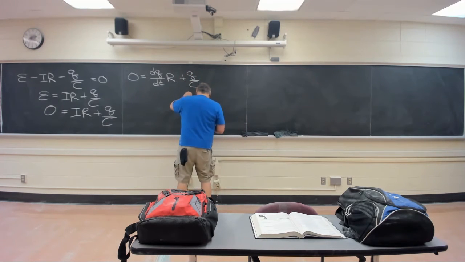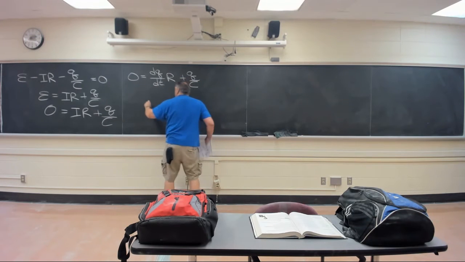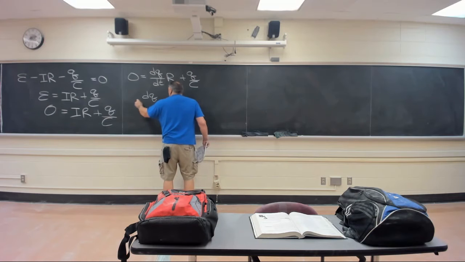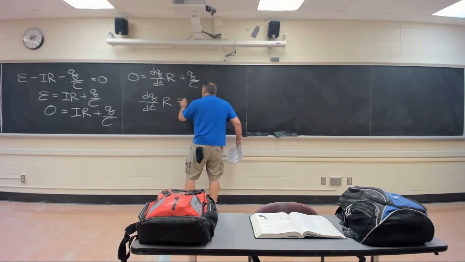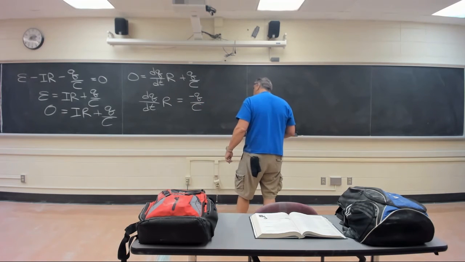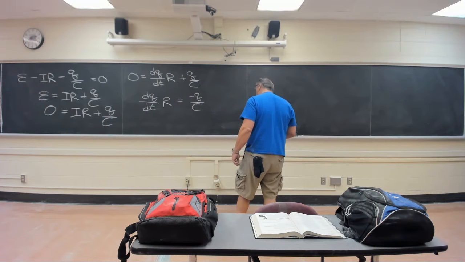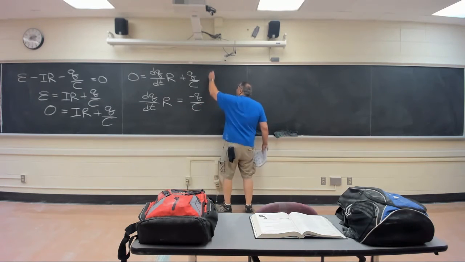Why don't we get this over there and kind of just reverse the order that we're writing it. To make a long story short, guys, we've got this negative Q over C. Let's divide by R on each side.